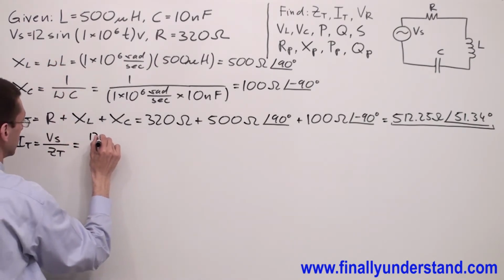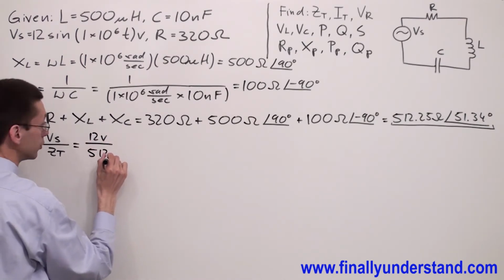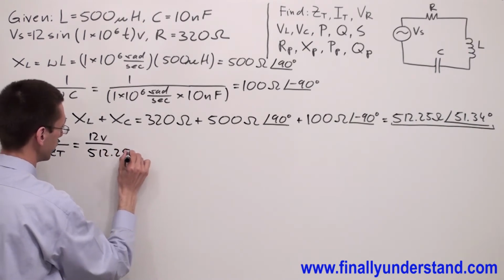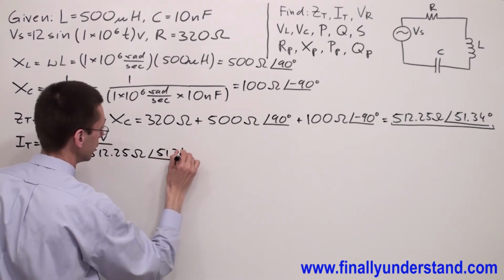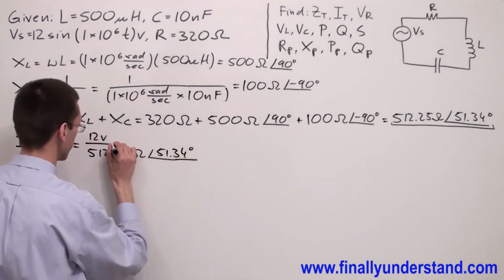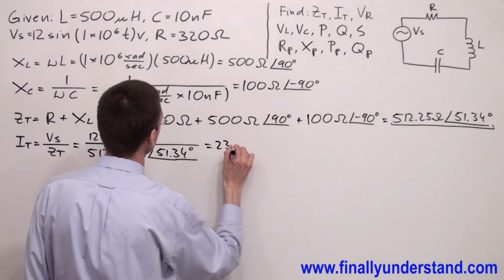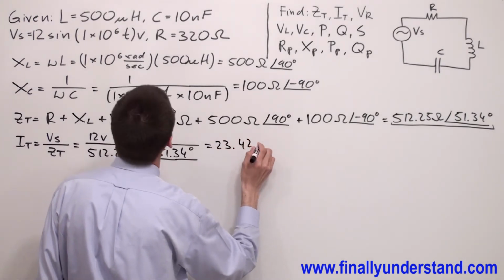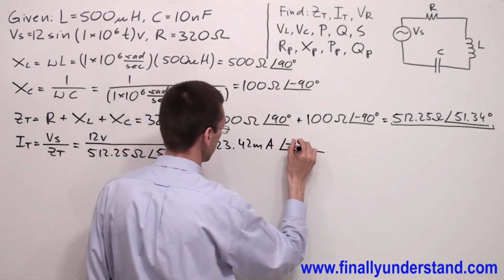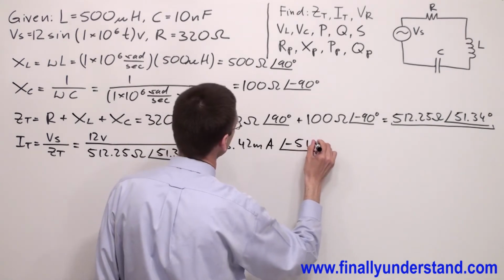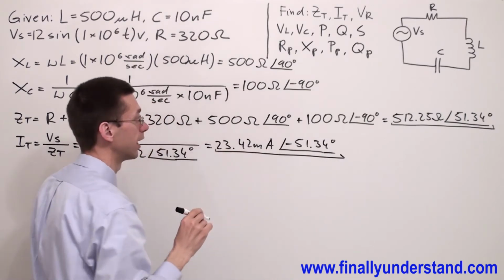So we have 12 volts over Z total, which is equal to 512.25 ohms and angle of 51.34 degrees. This is equal to 23.42 milliamps and angle of negative 51.34 degrees. So this is the total current in my circuit.